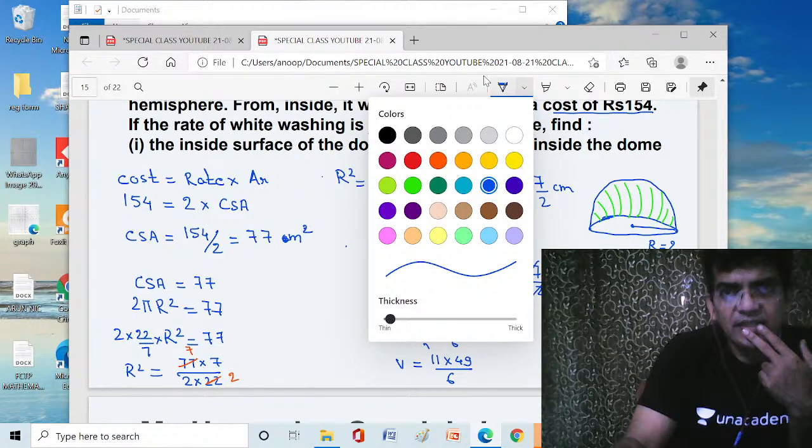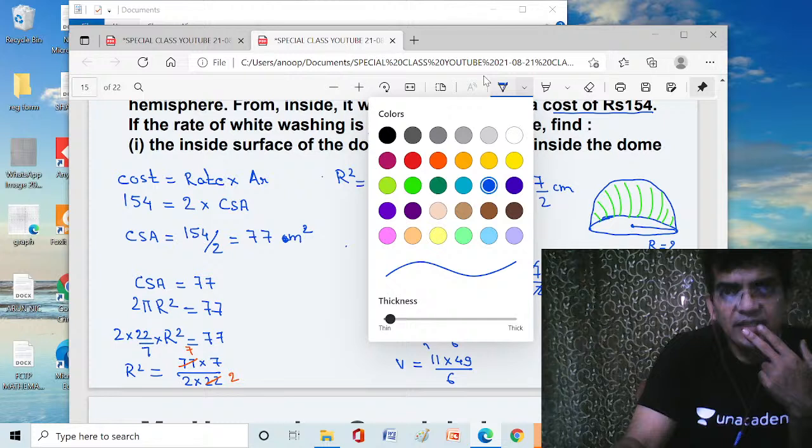The volume formula is, it has three dimensions, length into breadth into height. Now if I ask you the surface area, that will be twice length into breadth plus breadth into height plus height into length. This is the surface area.